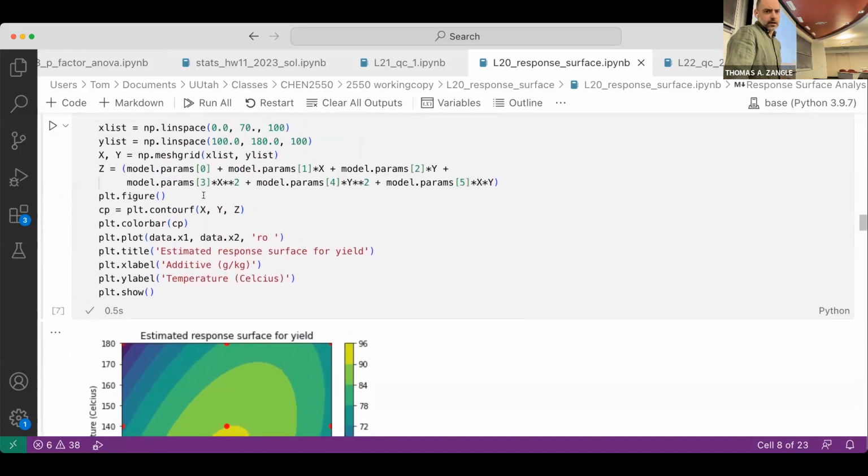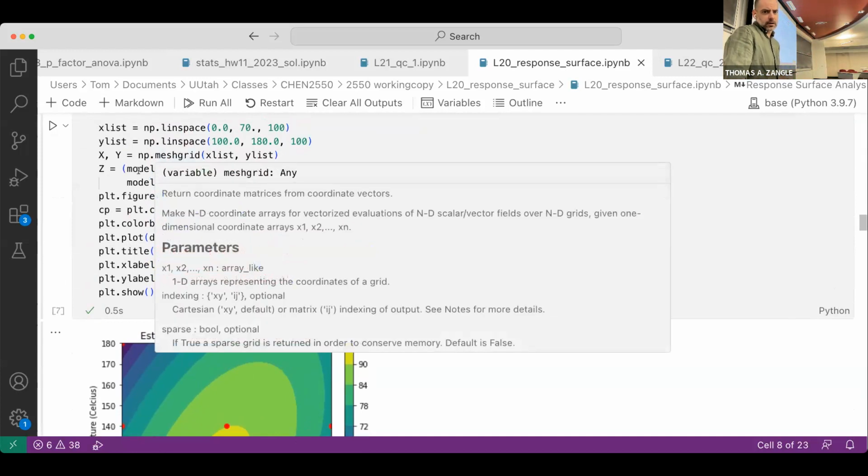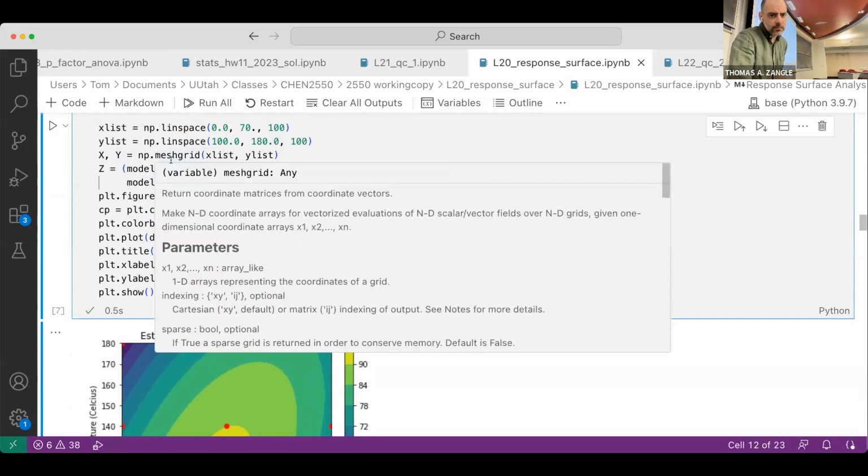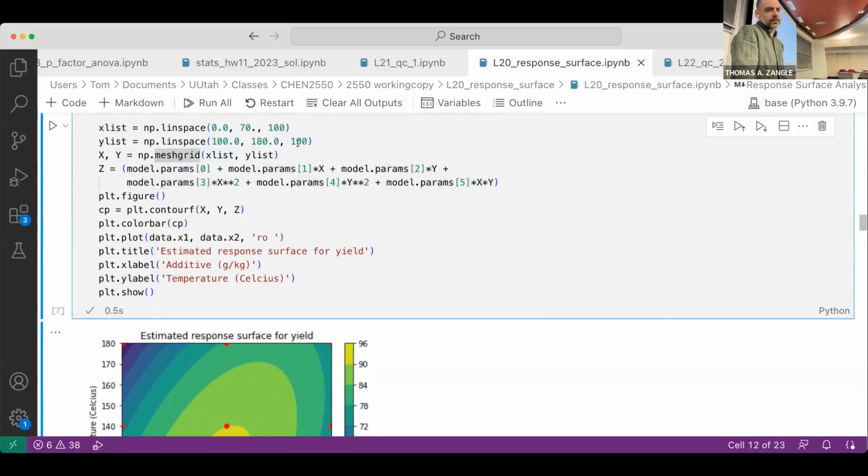So we're going to take our data, our results, our parameters that we got from curve fitting. We've created this mesh grid, which takes a list of, in this case, X and Y, which are defined over the range of parameters that we're interrogating.